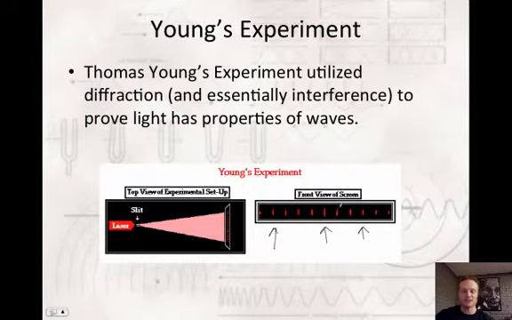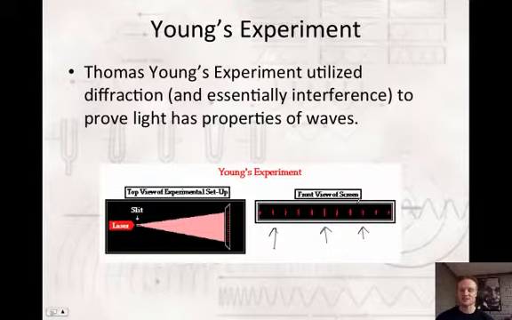All these red dots are the bright bands, and that's an area of constructive interference. The dark areas are areas of destructive interference, and what this is showing is that sound waves, water waves, waves in general are able to undergo diffraction. And it turns out light is able to do the same thing. It too is able to undergo diffraction.